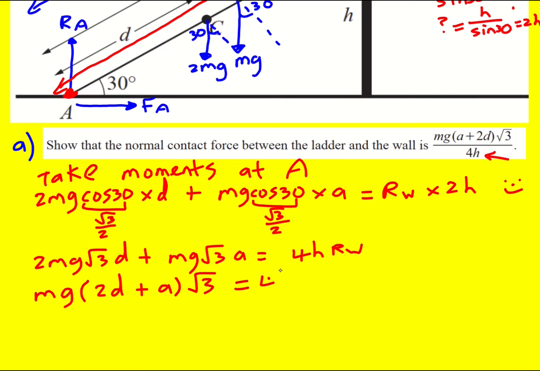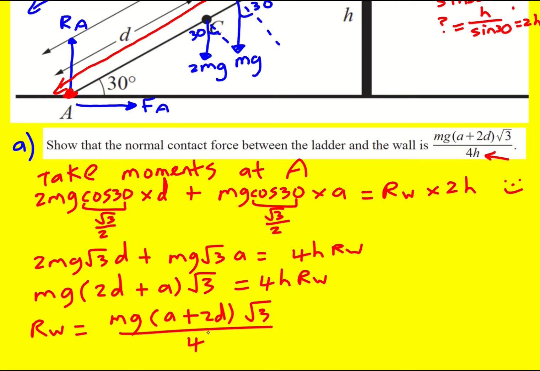This is equal to 4h RW, which means RW is going to be mg. Now, because in their answer they've swapped them around, I'm just going to swap them around here. A plus 2d times root 3 over 4h, and we're done.